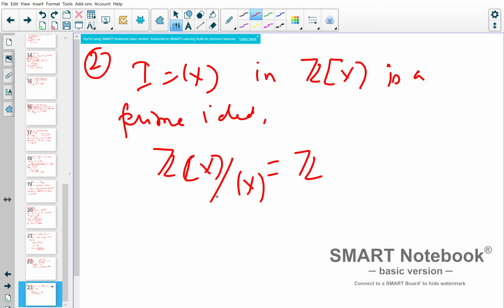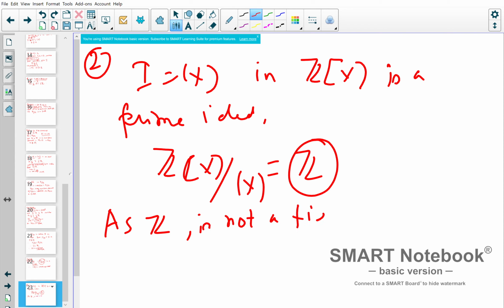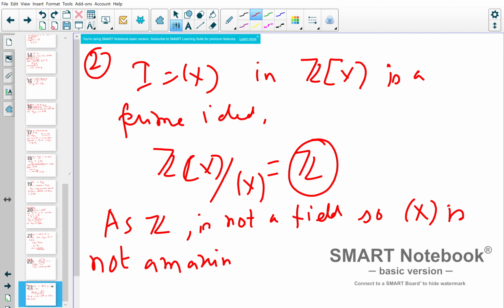But you see that this is an integral domain and not a field, as Z is not a field, so this is not a maximal ideal. Okay, clear? So these are the examples. You can have lots of other examples, obviously.